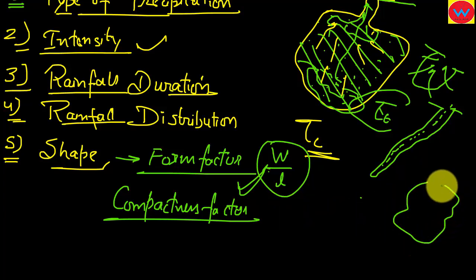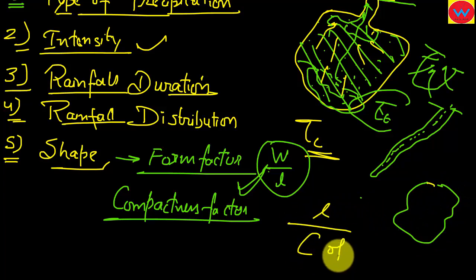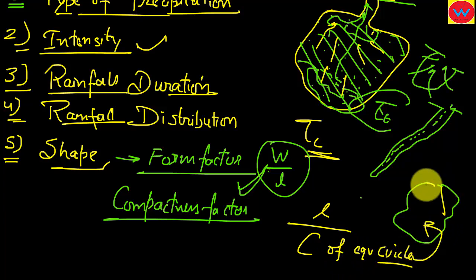So if your shape is like this, you measure the periphery or length. Let us say L is the length of the periphery of this area, and C is the circumference of the equivalent circle. An equivalent circle is that circle whose area is equal to the area of this shape. So this is called the compactness factor.